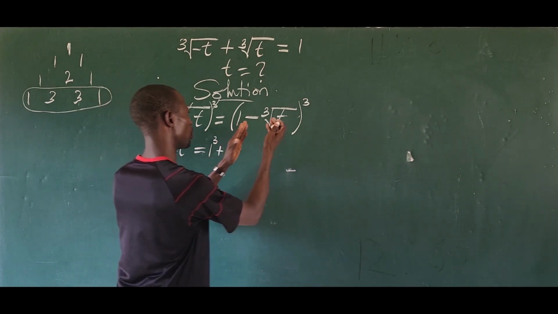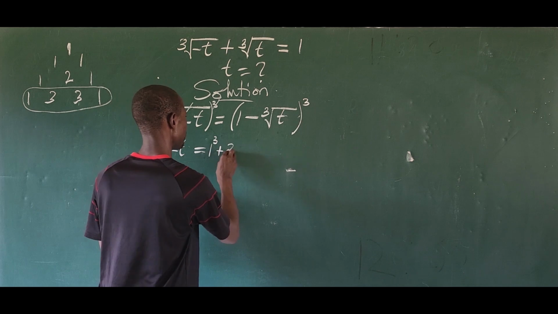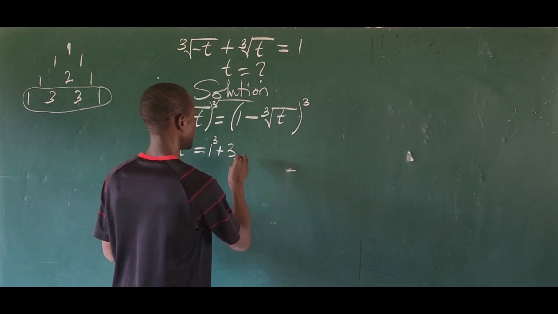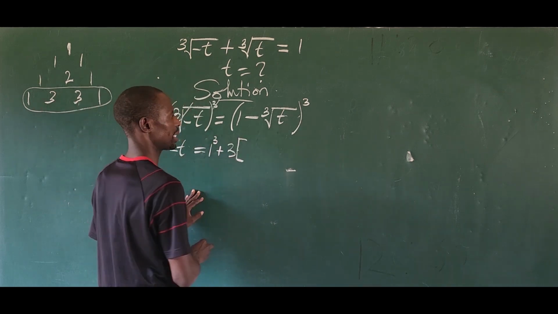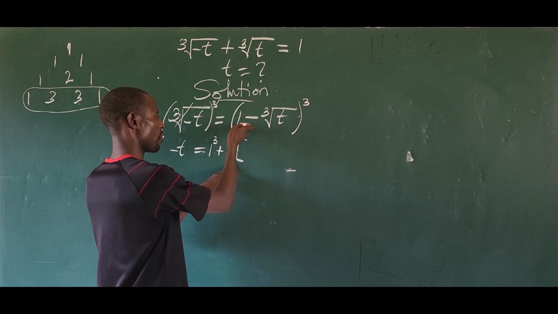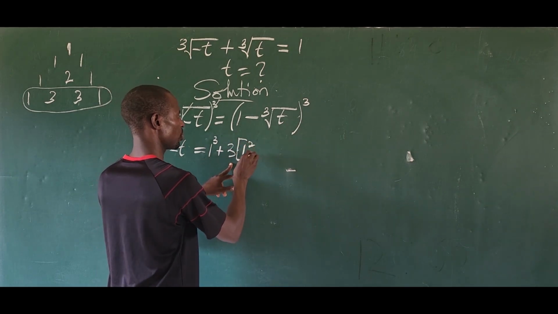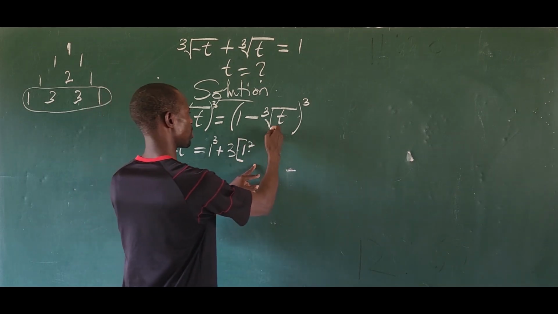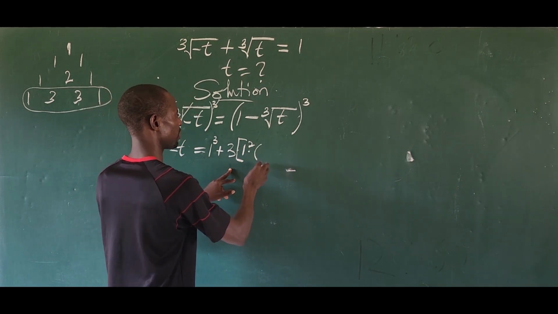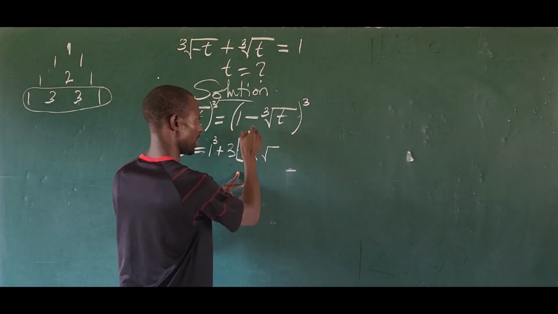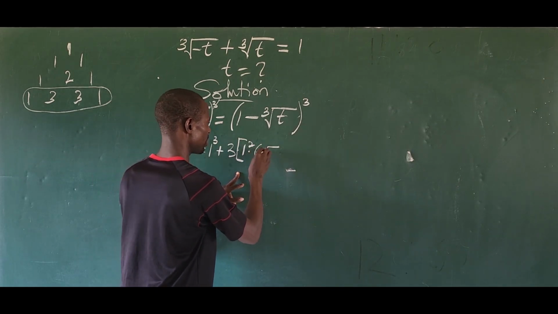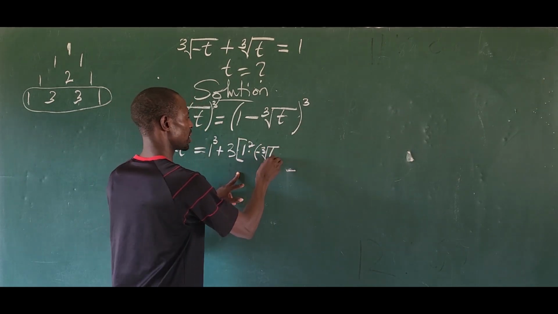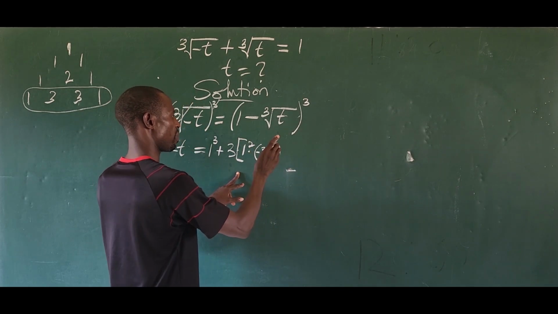And so if we go to the next stage, we're going to have the coefficient, which is 3, then times, let's put a square bracket here, then what is our 1? Our 1 will be raised to power 2, then times, let's put our dot here, times the second quantity here is going to give us the cube root, but here we have a minus, so we have here minus the cube root of t, all raised to the power of 1.